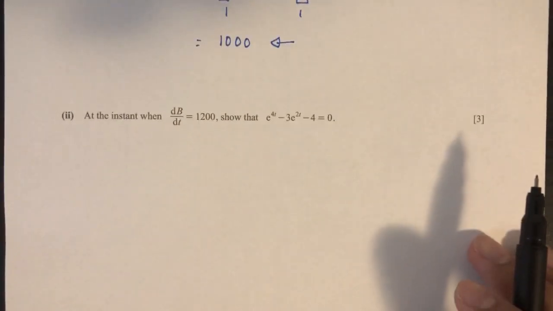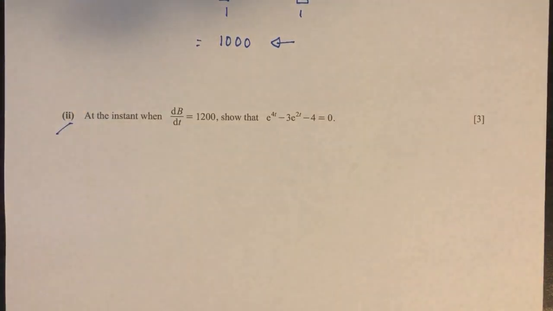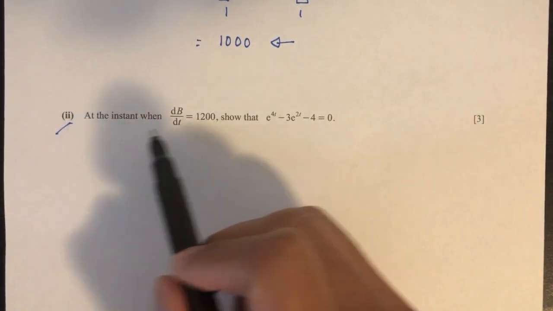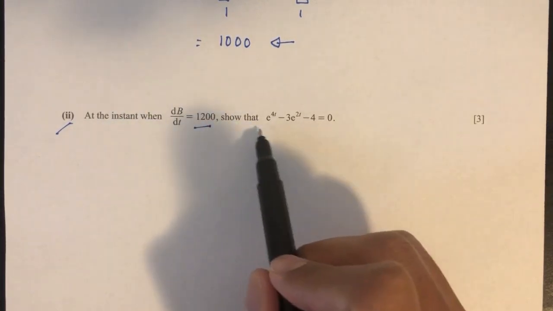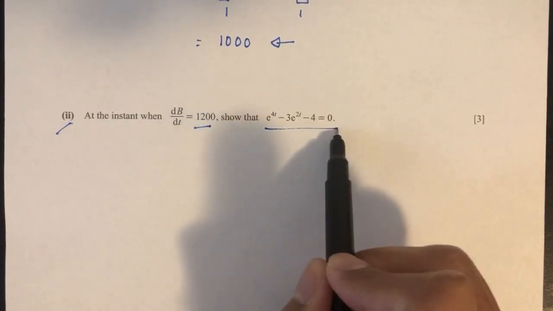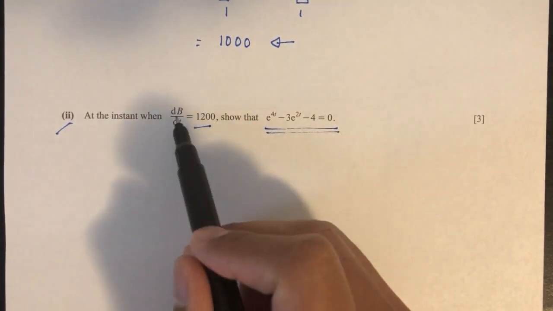Will be 1000 bacteria. So part 2. At the instant when dB/dt is equal to 1200, show that this is the equation. So let's find dB/dt.